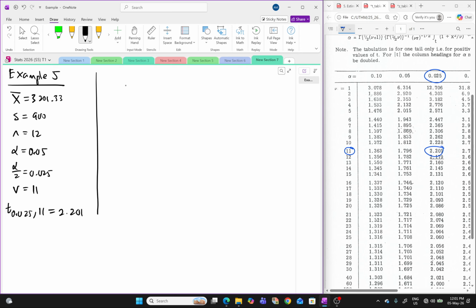According to the formula, write your compute for me the interval.